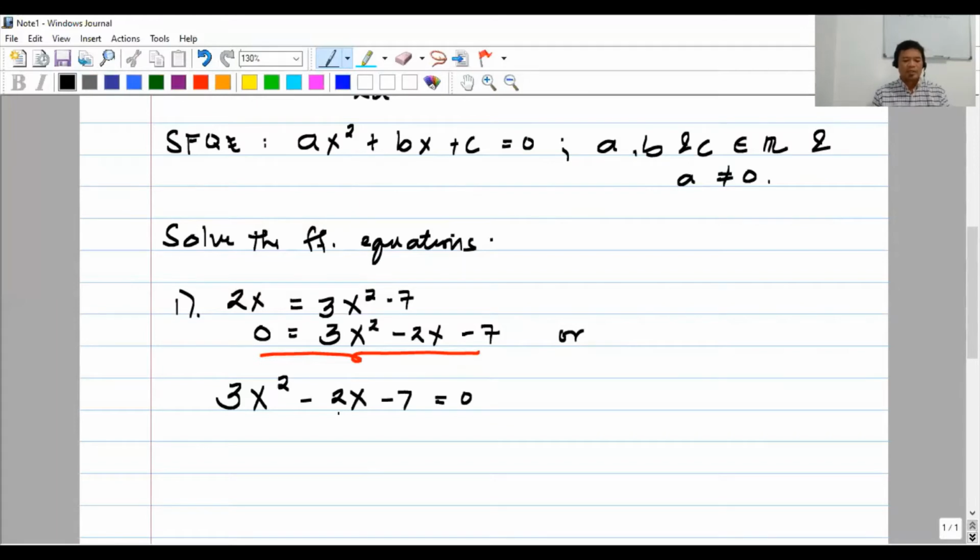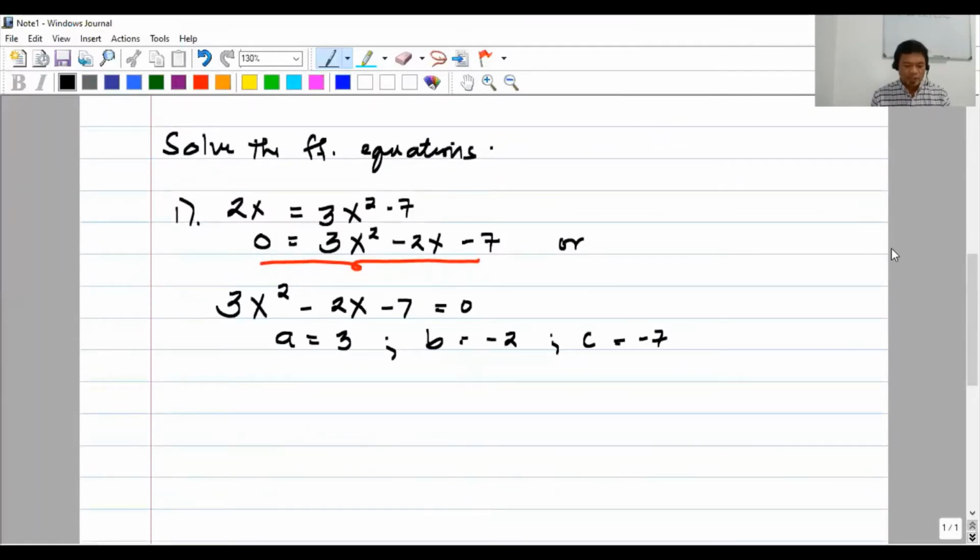Since the needed data in our quadratic formula are the values of a, b, and c, we need to identify the values of these variables. So we have a is equal to 3, this is our a, this is our b, this is our c. So b is equal to negative 2 and c is negative 7.